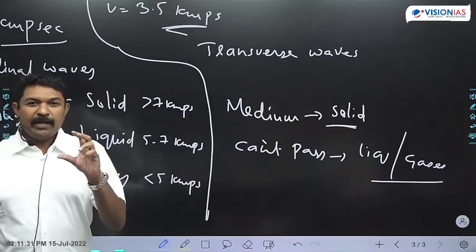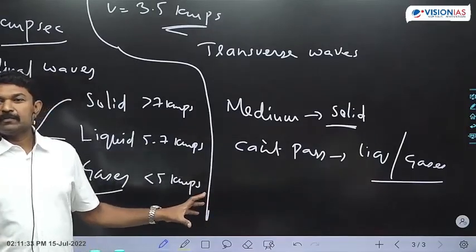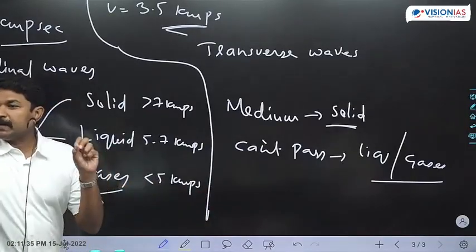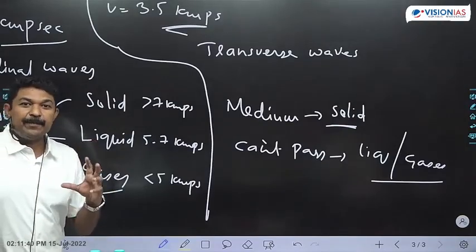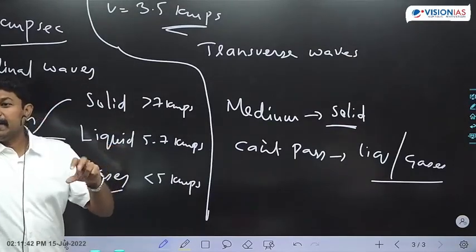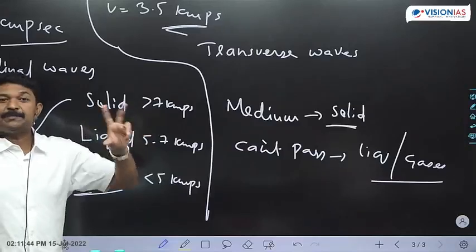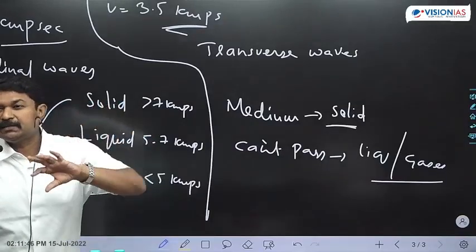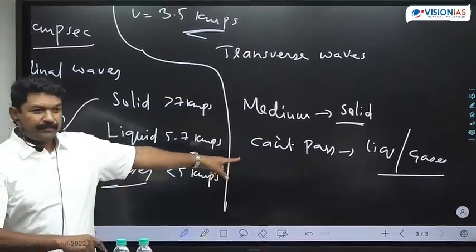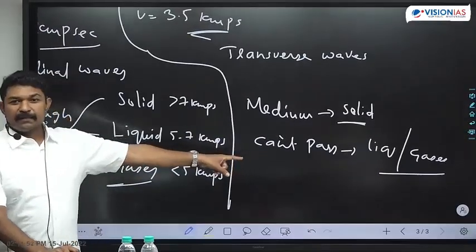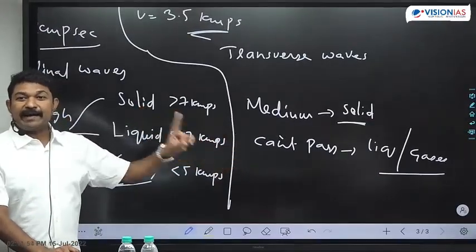That is a unique property of the secondary wave. Because of that unique property, the scientists, especially the geologists, came to know about the Earth's interior. It should be like this, it must be like this, it may be like this, it can be like this. These are the inferences, all because of the important wave called secondary wave.